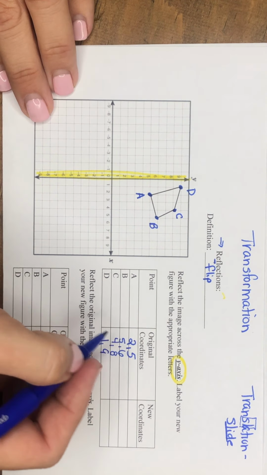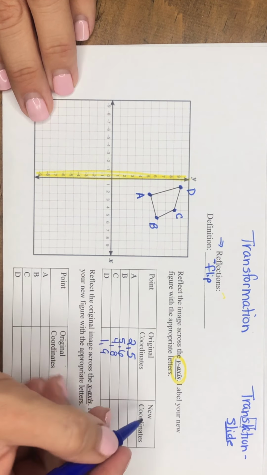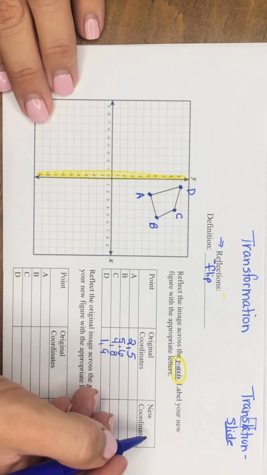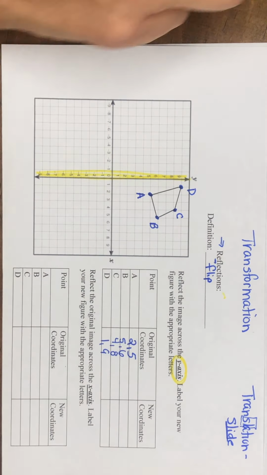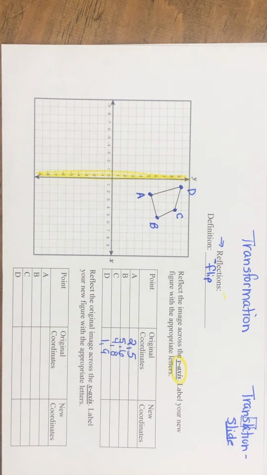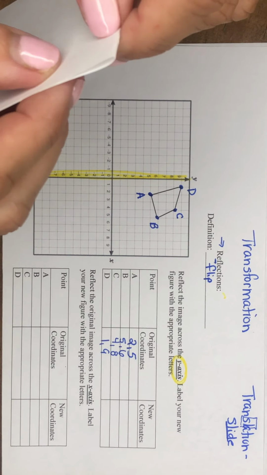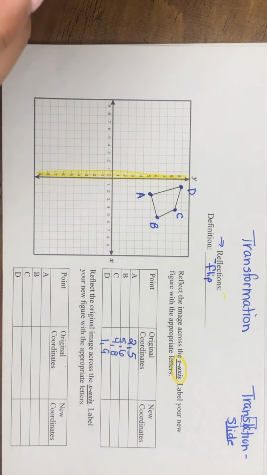Now, these are your original points. This right here is where you have to put your new coordinates once you reflect it, or once you flip it. Now, remember when you were little and you took a piece of paper and you folded it in half and you made a snowflake or a heart.